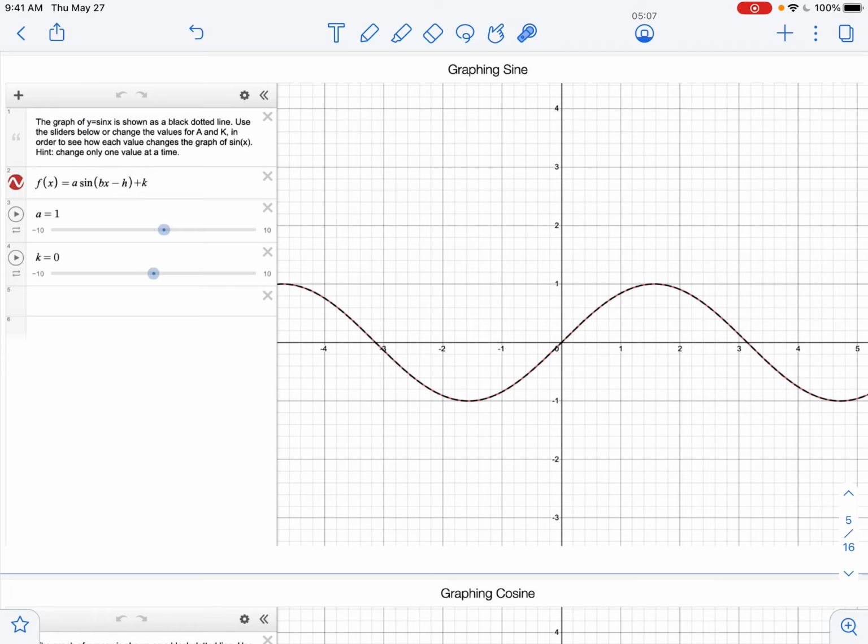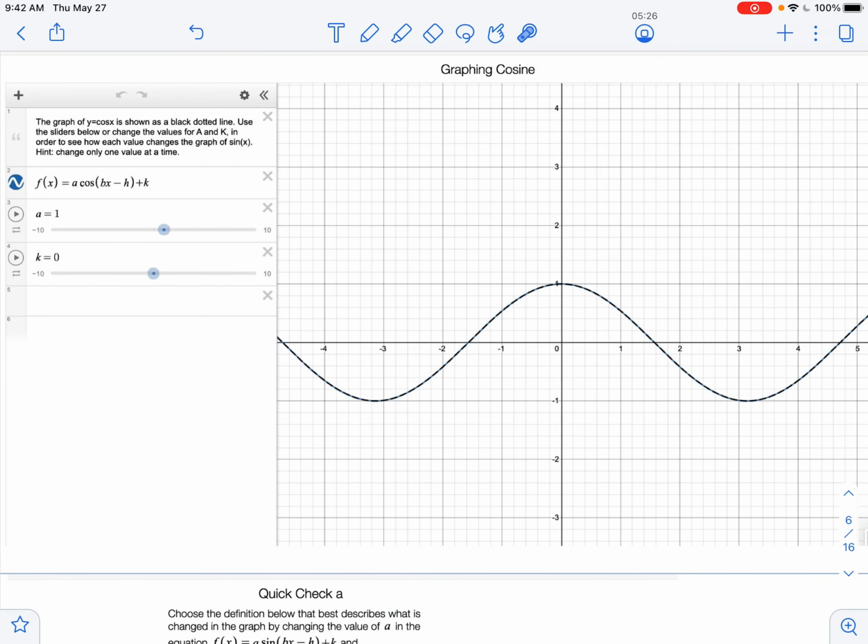On the next slide in Desmos, slide 6, you're asked to specifically play with the value of A and the value of K for your sine graph. The hint is to change one value at a time. Then on slide 7 in Desmos, you're asked to do the same for cosine, again changing one thing at a time. Go ahead and pause this video, spend some time playing with 6 and 7, making observations on how changing A and changing K affects your curve.